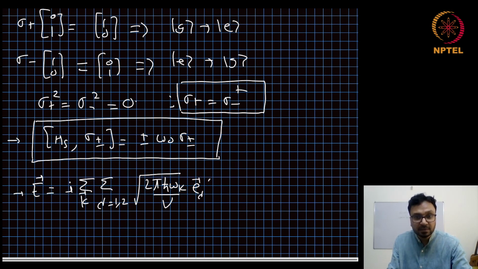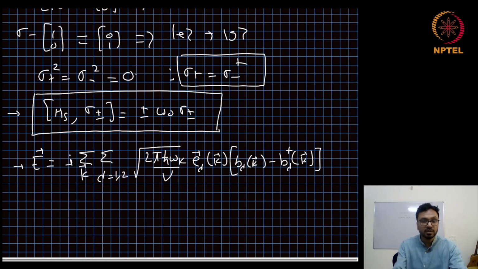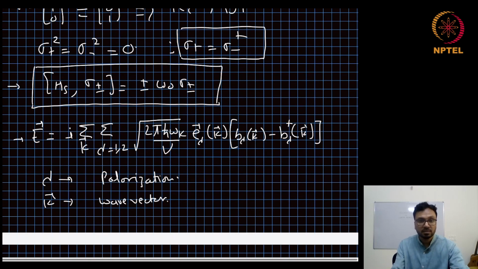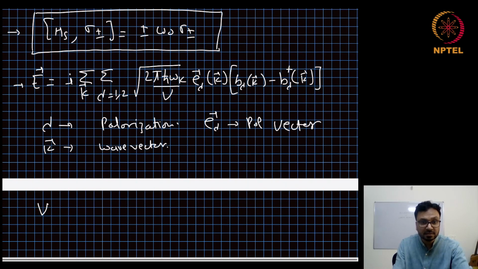Here lambda equals 1 and 2 represents the polarization of the light. k is the wave number, the wave vector. e_lambda is the polarization vector, and lambda just indexes the polarization. V is the volume of the cavity. We are assuming this electromagnetic mode is in an optical cavity.